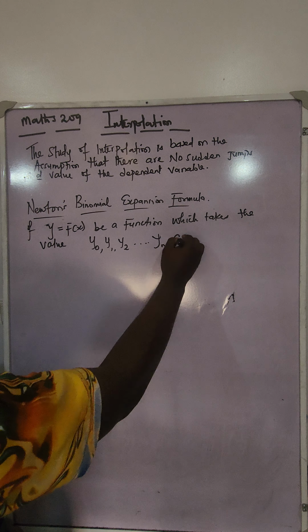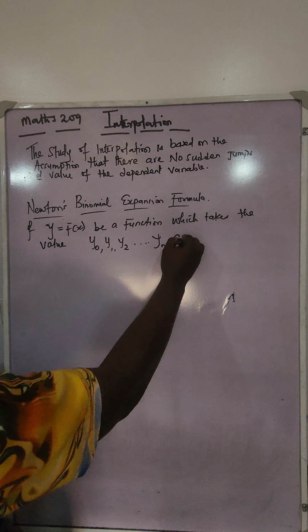So we say that the forward difference to the power n of y naught is equal to 0, which is the same thing as E minus 1 raised to power n of y naught equal to 0, because I have proven to you that forward difference is the same thing as E minus 1 in that identity that we talked about. So it means that the forward difference is E minus 1 to the power of n of y naught.